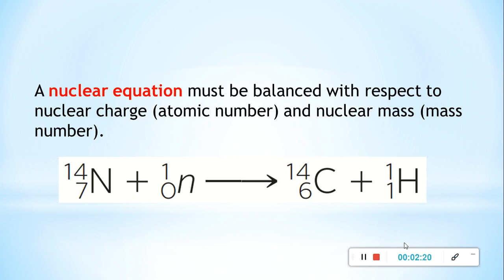Let's check the mass number. On the reactant side, we have 14 plus 1 equals 15, while on the product side, we have 14 plus 1 as well, equals 15. So the mass number of each side of the nuclear equation is 15.